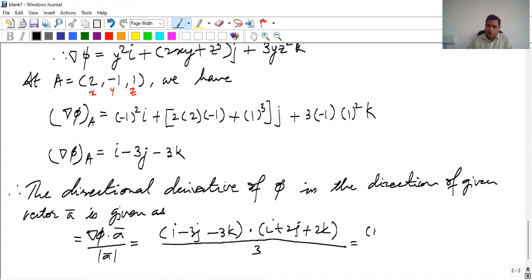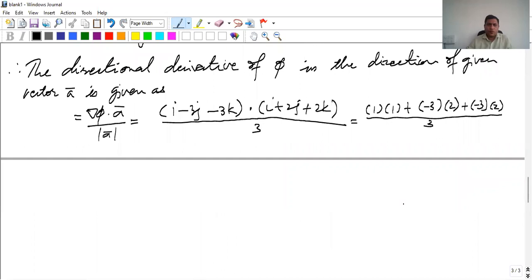So this is equal to 1 into 1 plus minus 3 into 2 plus minus 3 into 2. Are you getting this dot product? Yes, sir. So this will be 1 minus 6 minus 6, which is minus 11, divided by 3.